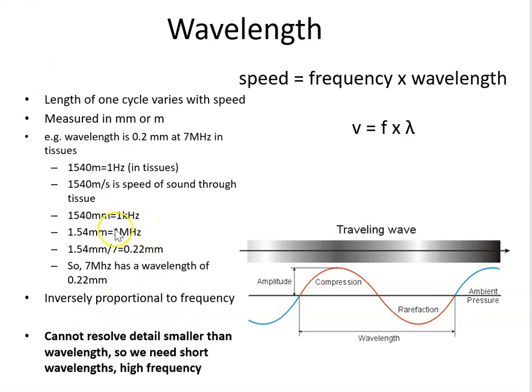So if we use sound at 1 megahertz, you would have a lower resolution. You would see a much more grainy image. You wouldn't be able to see the fine detail. So this is why medical ultrasound uses sound waves above 1 megahertz, and if they're much higher, 15 megahertz, you get an even better resolution.